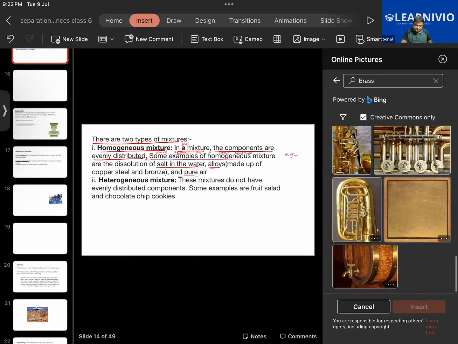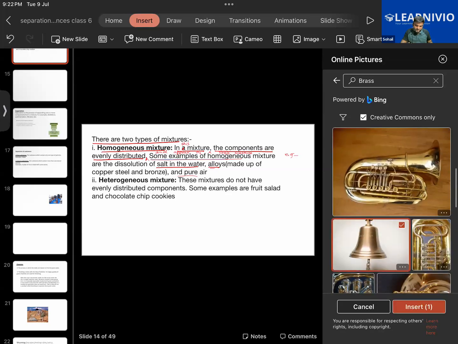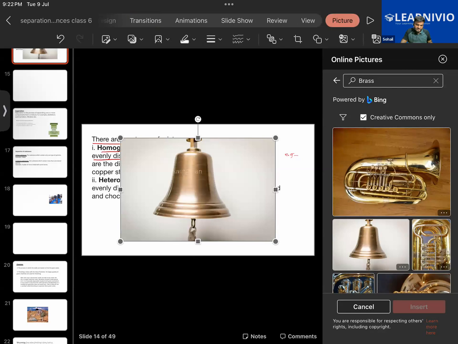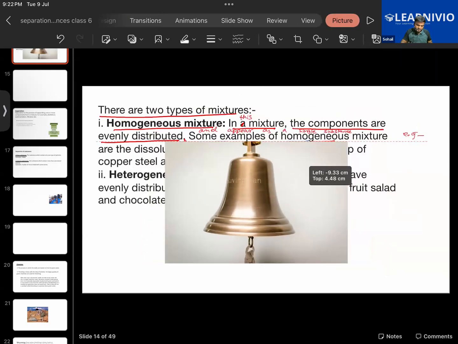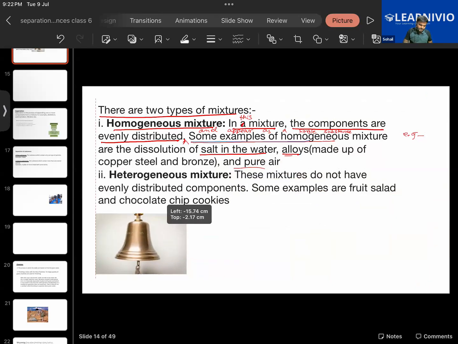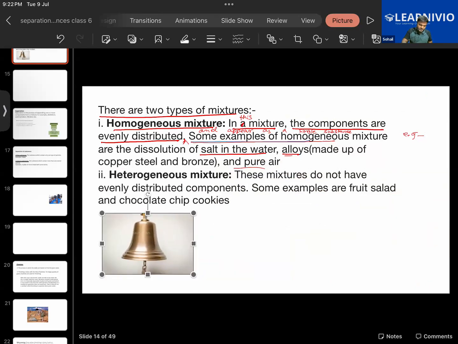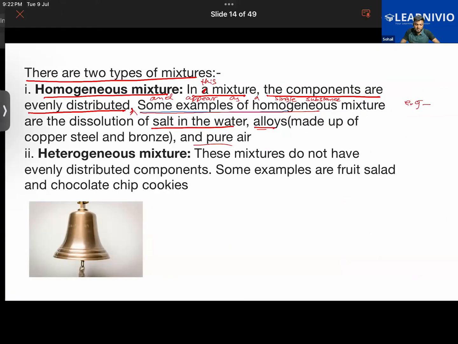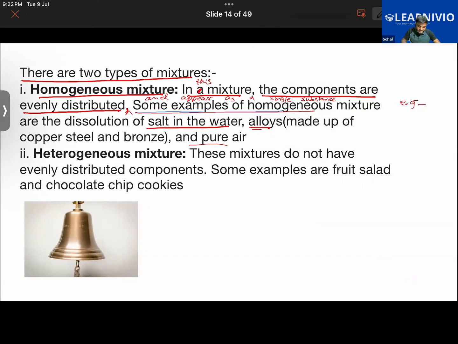But it's not a pure substance. It is actually a mixture of copper and zinc. So this is an example of alloy, and the name is brass.